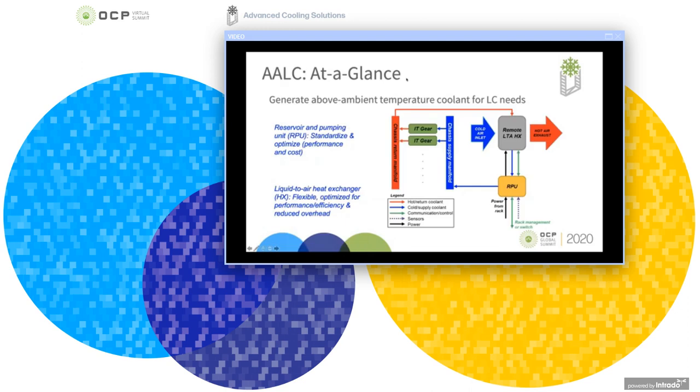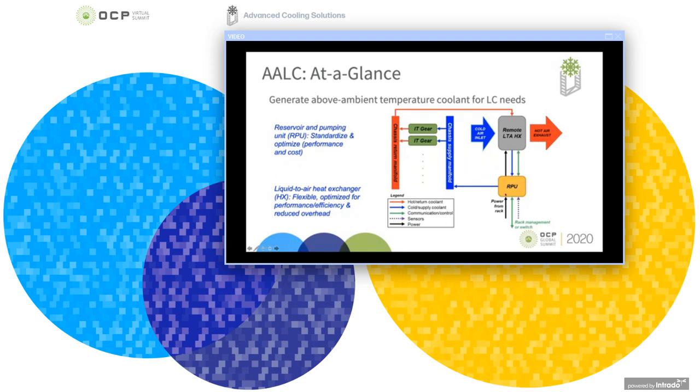So moving back to the air-assisted liquid cooling system as a whole, it's fairly clear based on the case study that this system can be outlined in the slide on the right-hand side over here, and how different components form a system to generate above ambient temperature coolant for liquid cooling needs. It also outlines how subcomponents can be optimized to avoid redundant features.